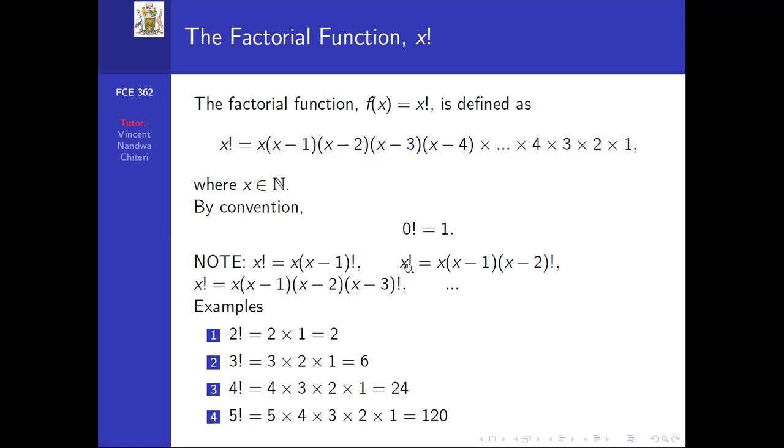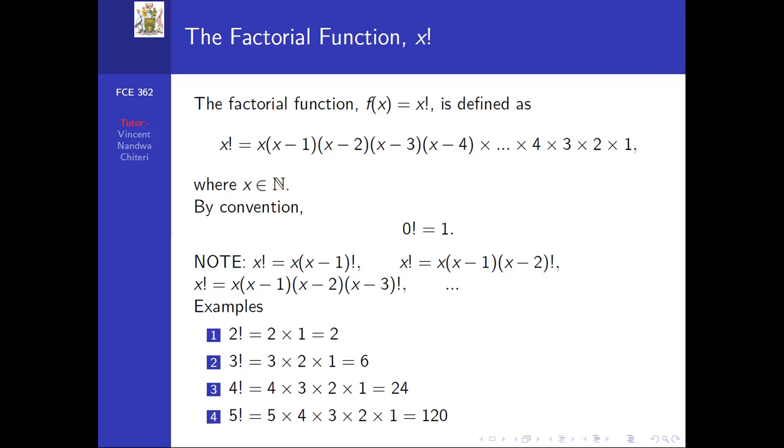So x factorial can be written as x times x minus 1 times x minus 2 factorial. Similarly, x factorial is the same as x times x minus 1 times x minus 2 times x minus 3 factorial. It is good to know these relationships because you may be asked to simplify some factorial expressions, and expressing higher factorials in terms of lower factorials can help you simplify such expressions.